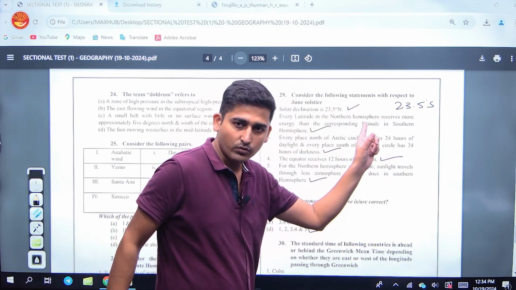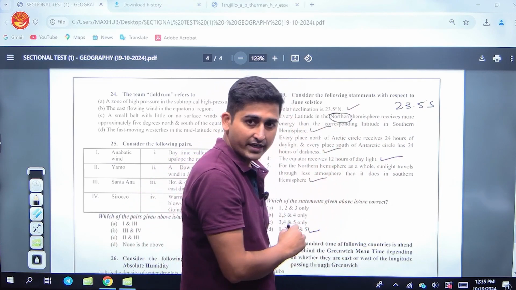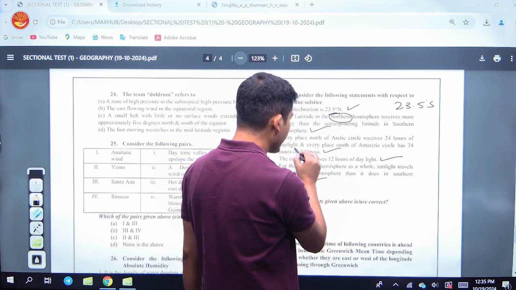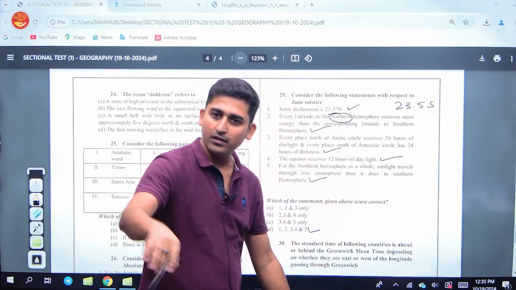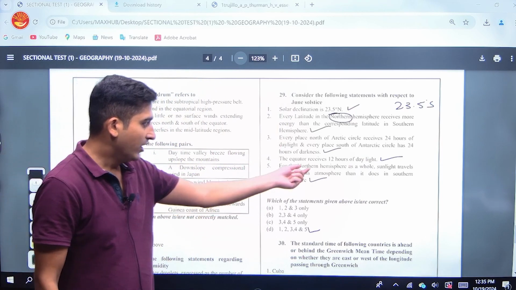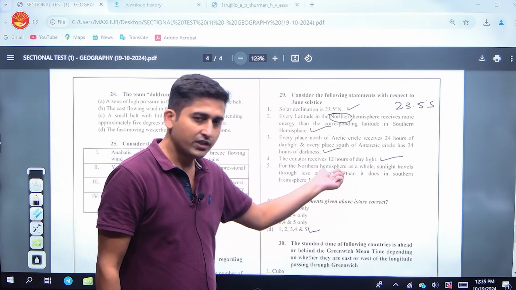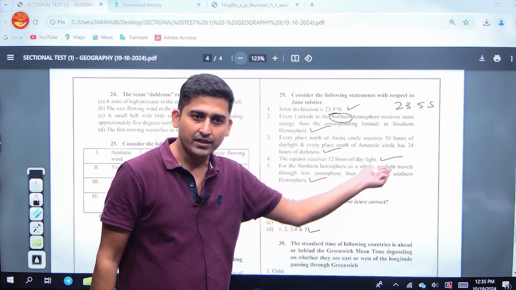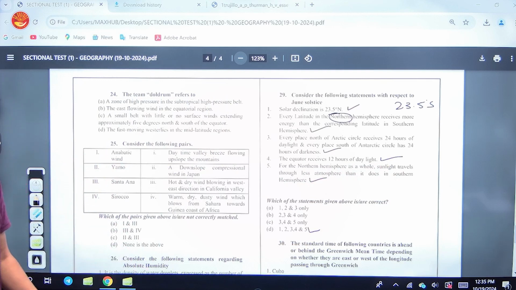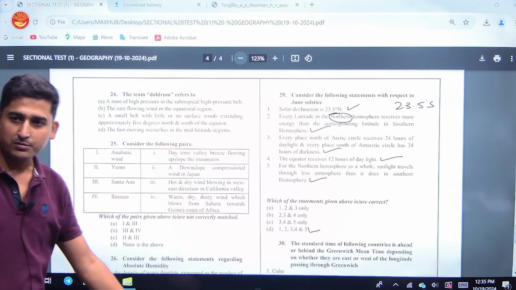Where it says northern it becomes southern hemisphere. Beyond the Arctic Circle it receives 24 hours of darkness, and beyond the Antarctic Circle 24 hours of daylight. Again the equator will receive 12 hours a day, which will be true there also. And for the southern hemisphere, sunlight travels a lesser distance as compared to the northern hemisphere. Just interchange them. Remember this. So for question number 29, option D is the correct fit.